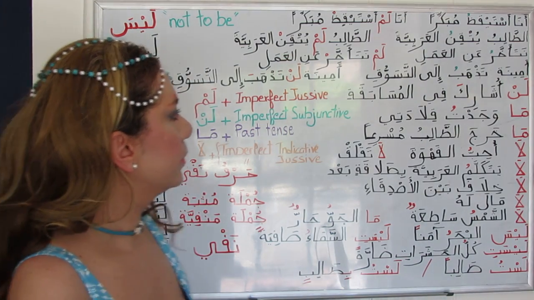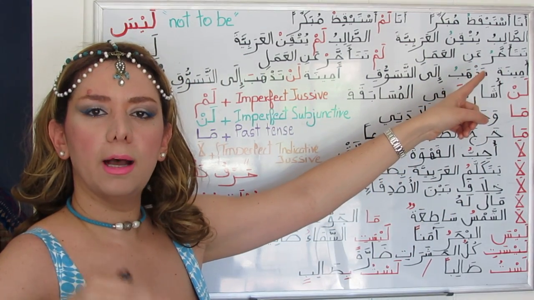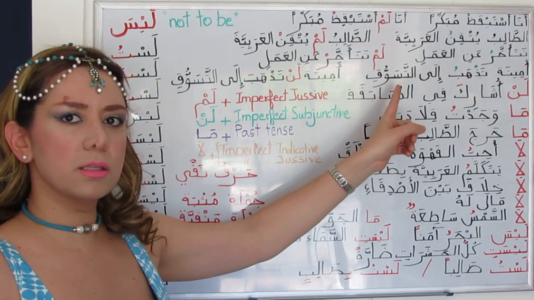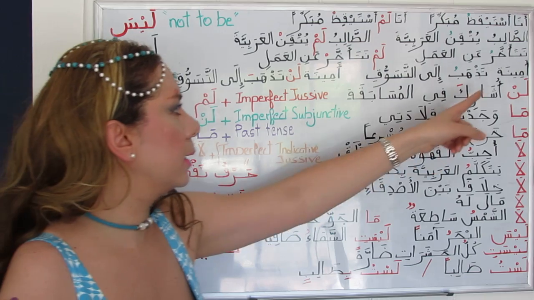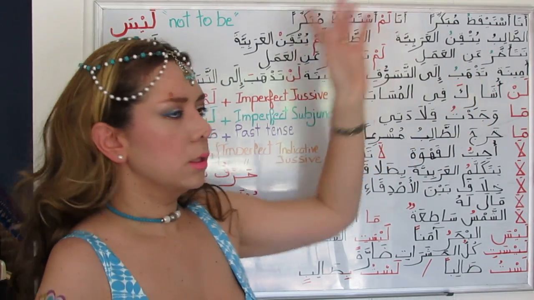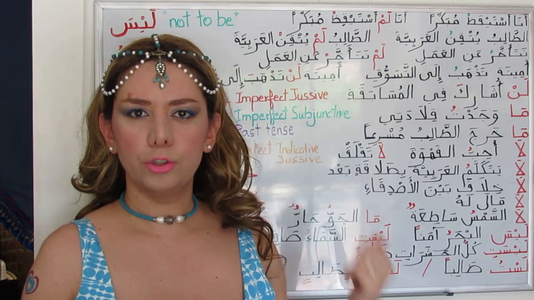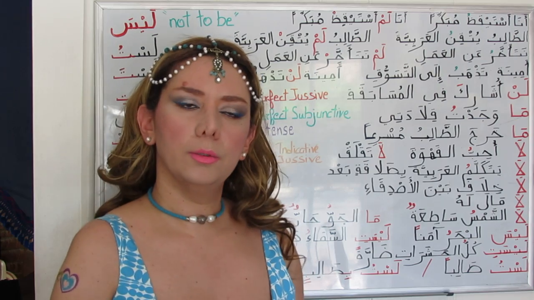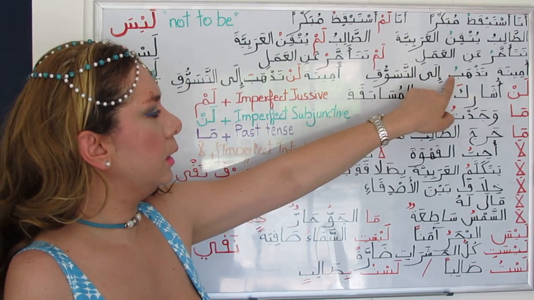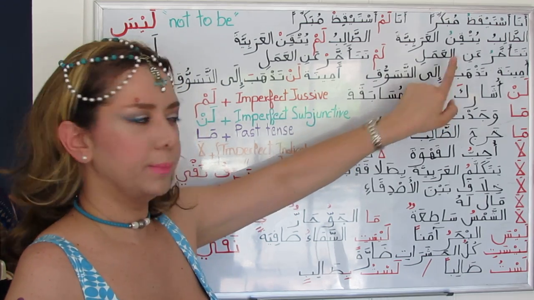For example, here we have جملة مثبتة, an affirmative sentence. أمينة تذهب إلى التسوق. تسوق, shopping. أمينة goes shopping. ذهب, to go, conjugated in the present tense, the imperfect indicative because of the dhamma.